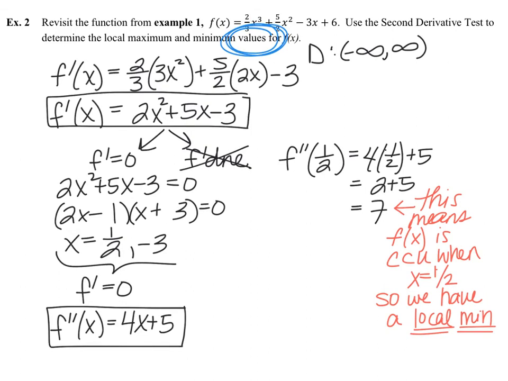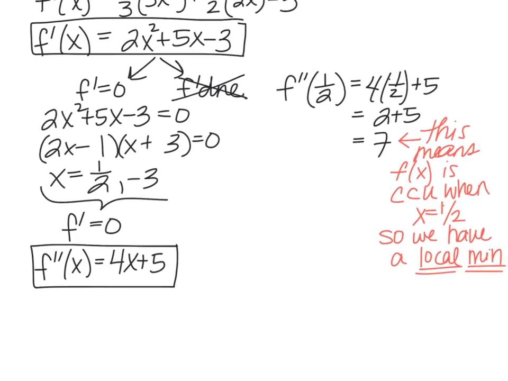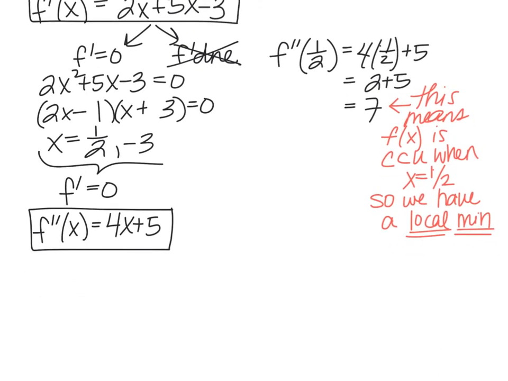So remember, that means it's asking you for a y value. So now that we've determined that we have a local minimum at 1/2, then we need to substitute 1/2 back into the original function in order to find the actual y value, the output.